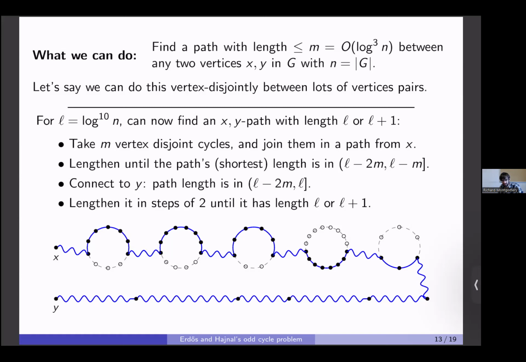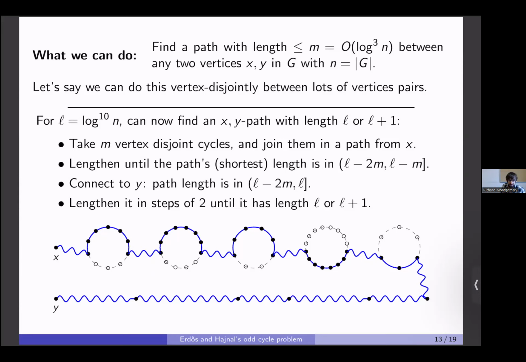But in the expansion graphs that we're doing this in, essentially we can do this for L from log to the 10 of n up to, I don't know, maybe square root of n, something like that. So the point is not that this construction gives us M different lengths, though it does, M plus 1.